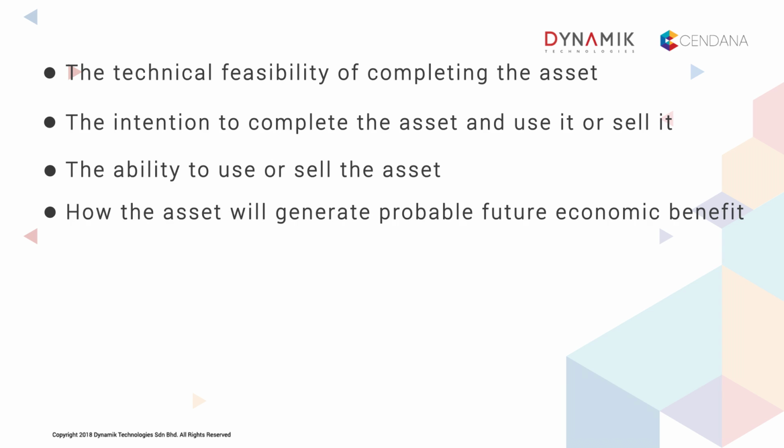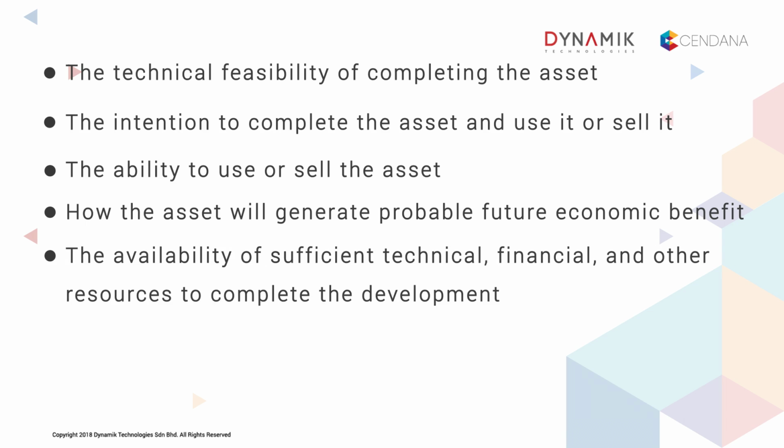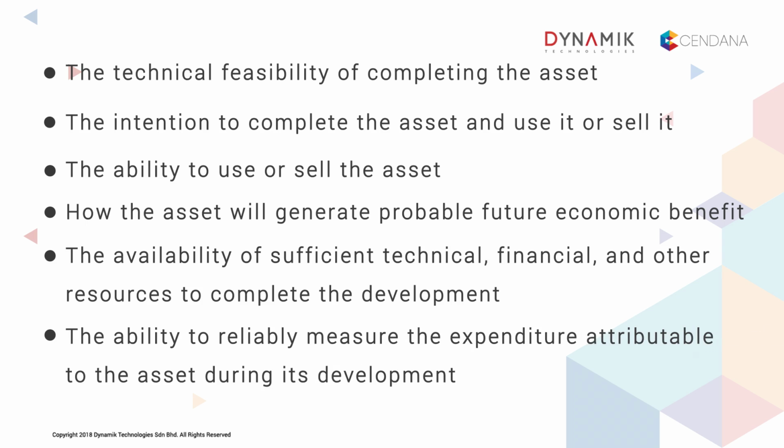How the asset will generate probable future economic benefit, including demonstrating a market for the asset's output or for the asset itself, or the asset's usefulness. The availability of sufficient technical, financial, and other resources to complete the development and to use or sell the asset, and the ability to reliably measure the expenditure attributable to the asset during its development.